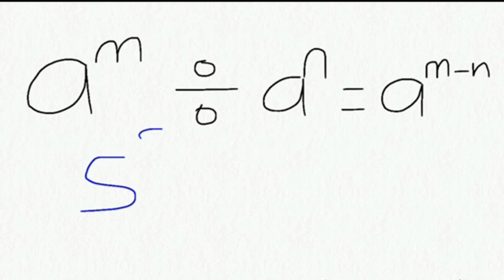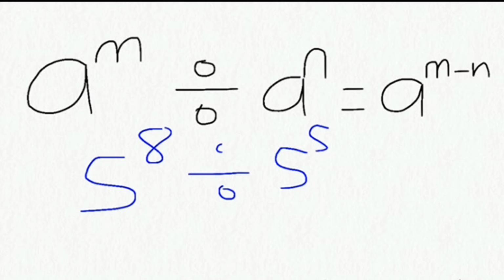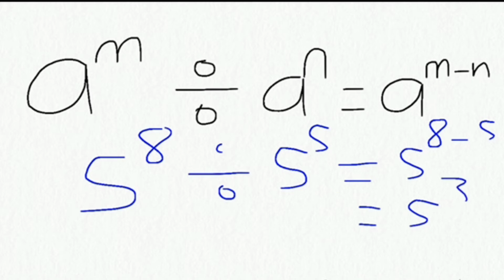5 to power 8 divided by 5 to power 5 can be simplified or is equal to 5 to power 8 minus 5, which is equal to 5 cubed.